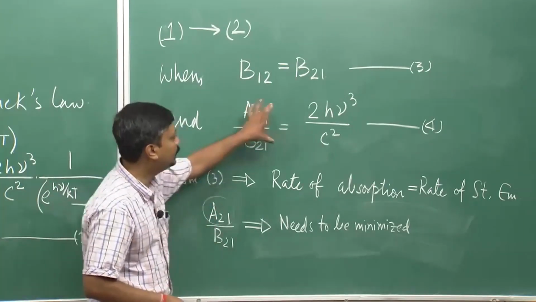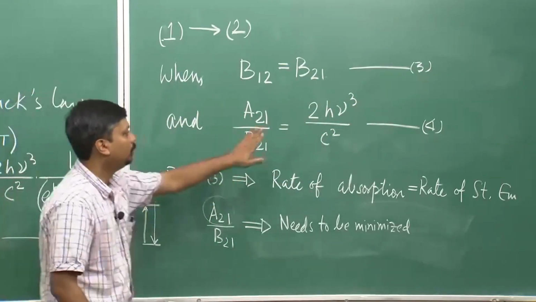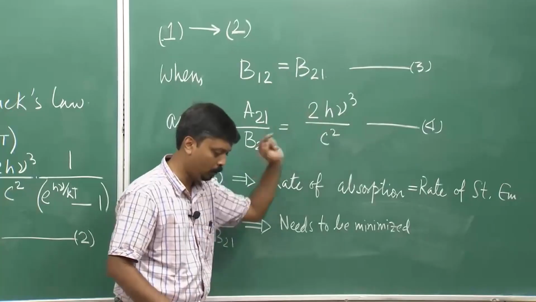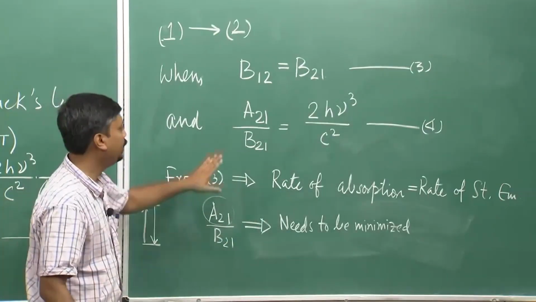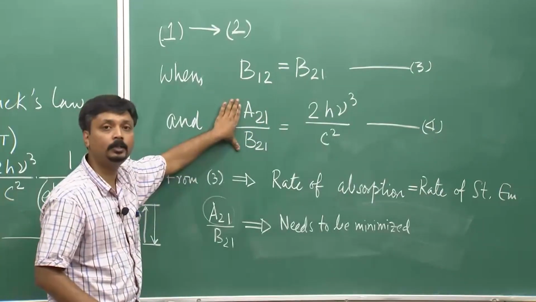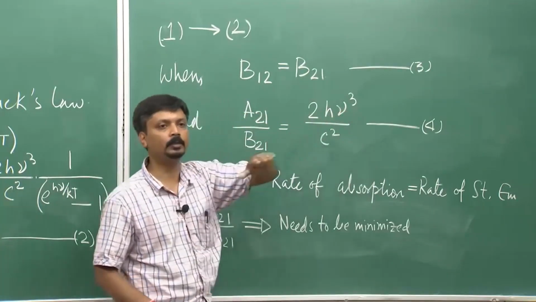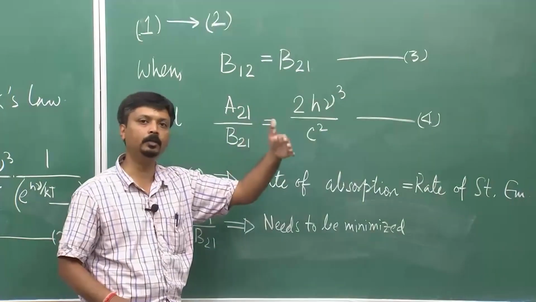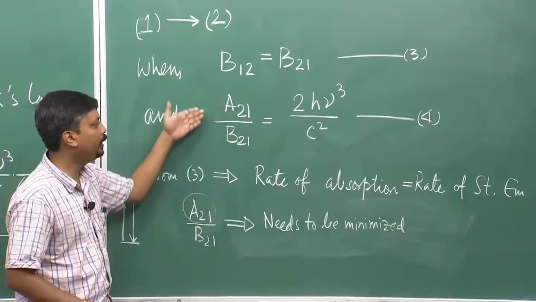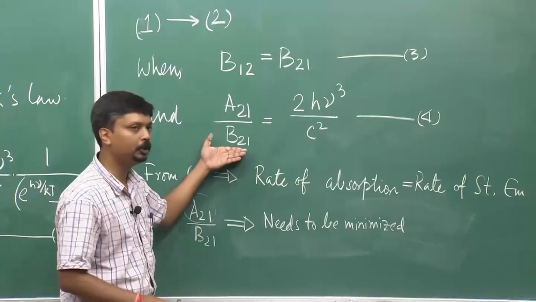Now, just look at the right hand side of this expression. What do I have here? I have constants except the quantity nu. So, if nu is more, this ratio is more. I do not want this ratio to be high, I want it to be low. Now, if I go and increase the frequency, from microwave to infrared to visible to ultraviolet to X-rays, the probability of spontaneous emission will be much more compared to stimulated emission.